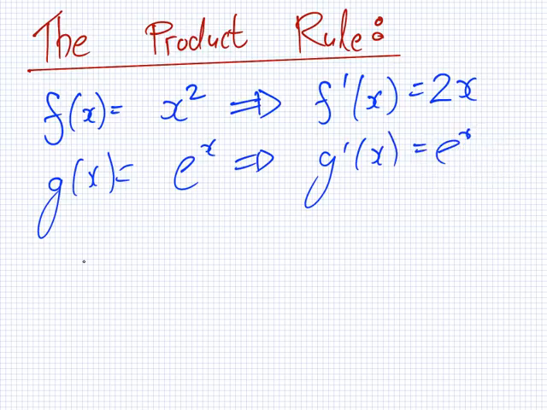So it seems like we should know what the derivative of x squared e^x is, doesn't it? I mean, after all, we know this derivative and we know this derivative, so why don't we know both?